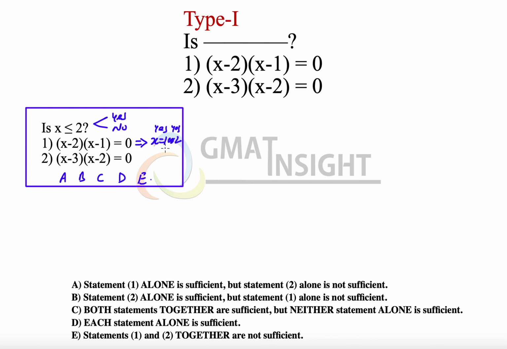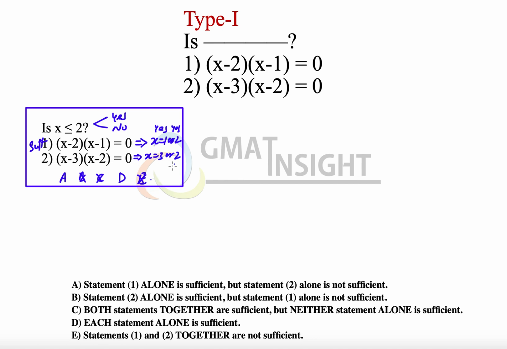That means the first statement is definitely sufficient. Remember, in the previous video I told you that options A and D are like Romeo and Juliet. They live together and they die together. Because the first statement alone is sufficient, option A is still alive, therefore B, C, E can be ruled out. Now we choose between A and D. The second statement says (x minus 3) times (x minus 2) equals 0, which means x is either 3 or 2.